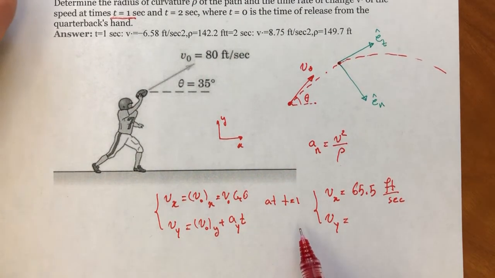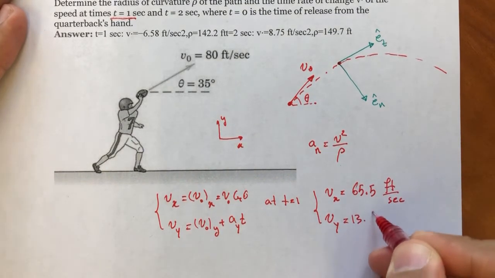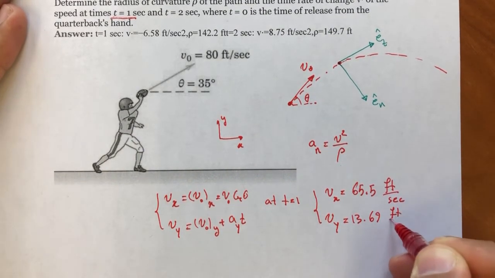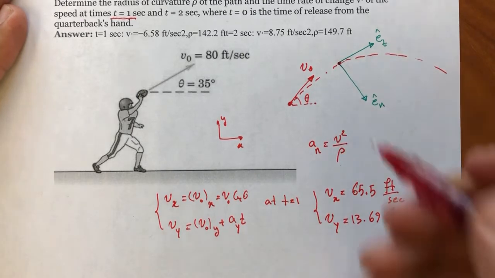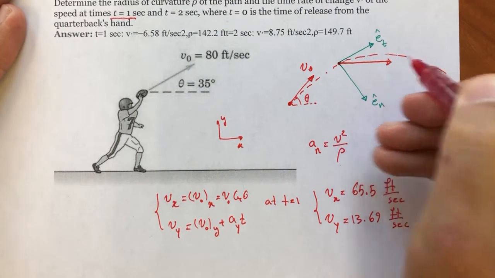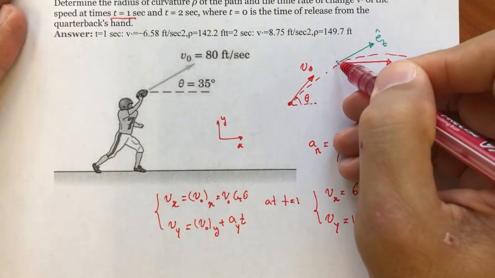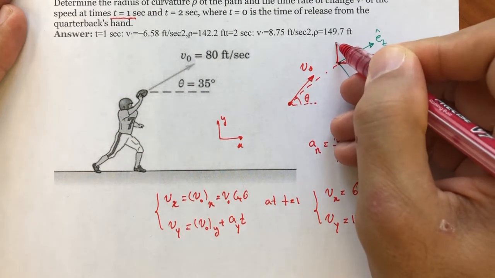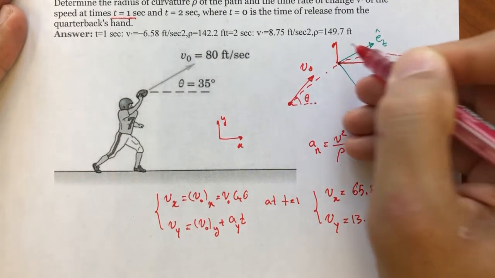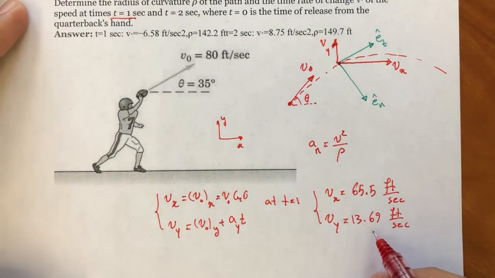And if you calculate that, vy is going to be equal to 13.69 foot per second. So if I draw them here, the velocity in the x direction, we're going to have something for it, and the velocity in the y direction is going to be this number, 13.69.